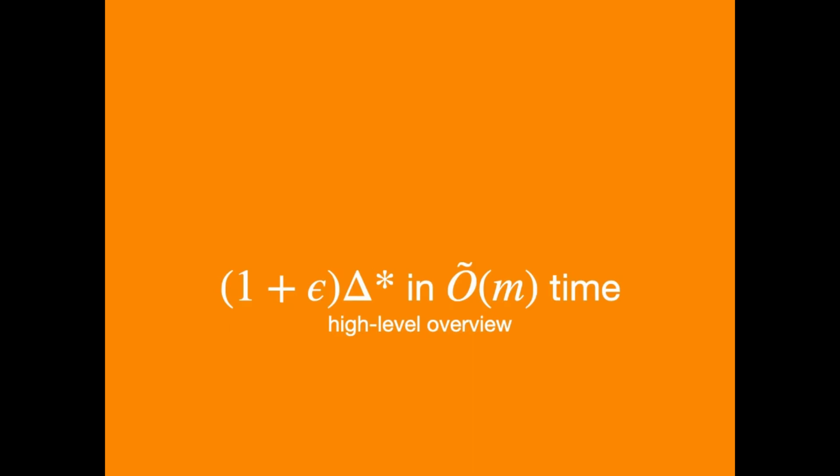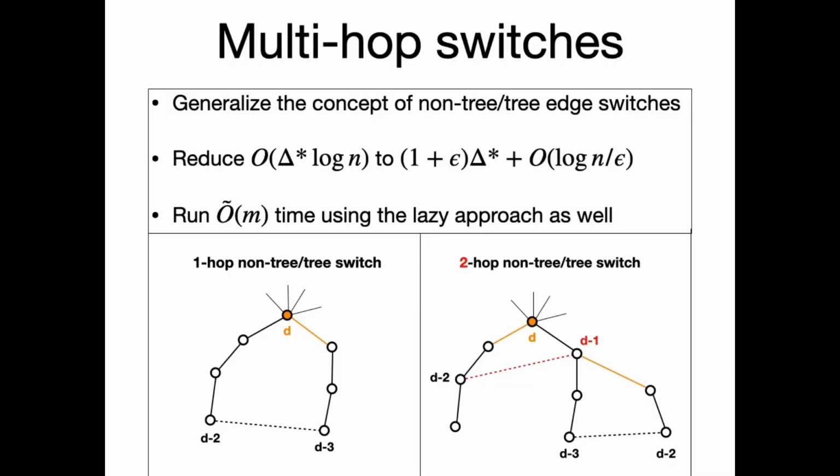Now let's turn to describe our 1 plus epsilon approximation. The idea is called multi-hop switches. Basically, in our previous algorithm, each edge switch only involves one pair of non-tree and tree edges.